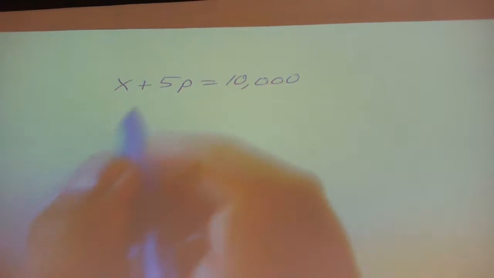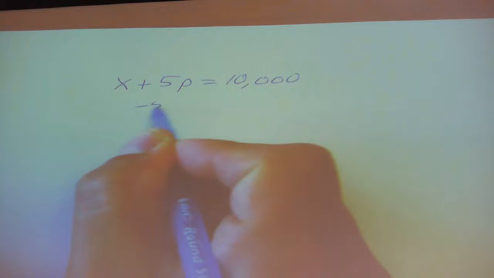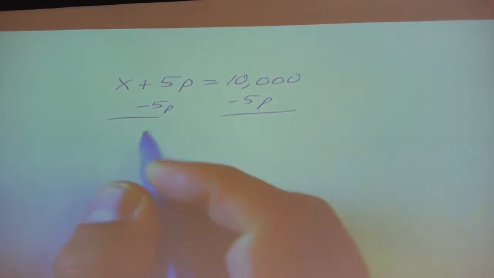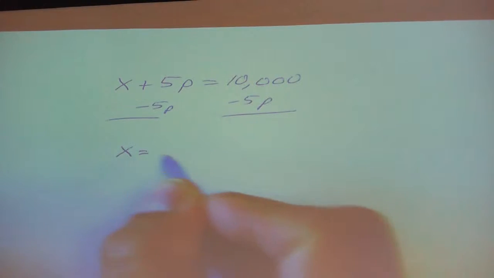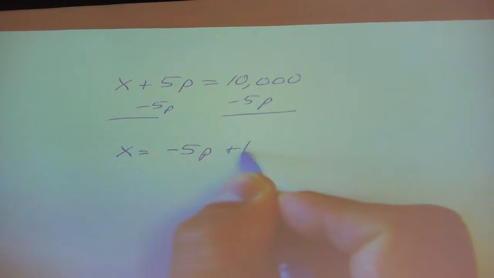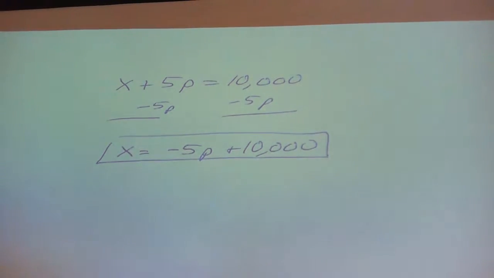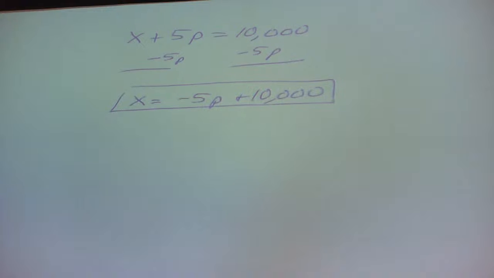How do I do that? Minus 5p, minus 5p. And then we can just keep it minus 5p plus 10,000. We'll keep it in front. So step 1, we have to set it up where we get x equals.